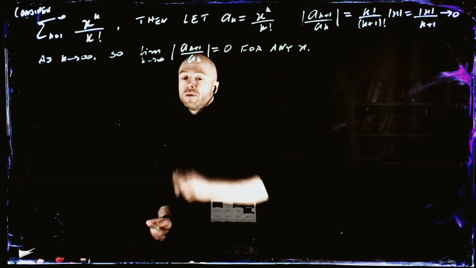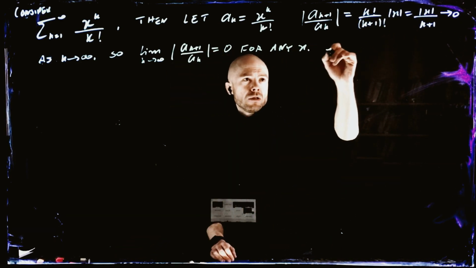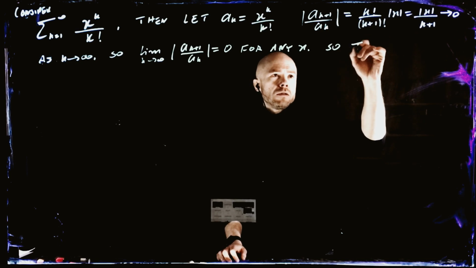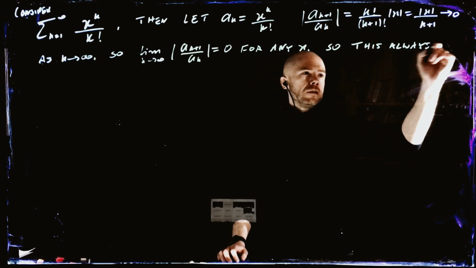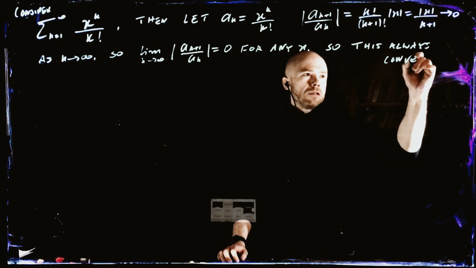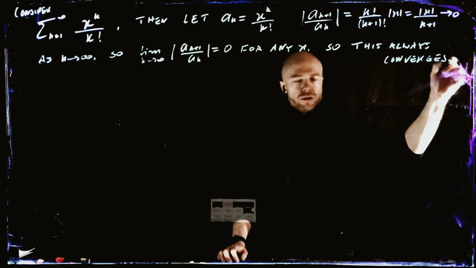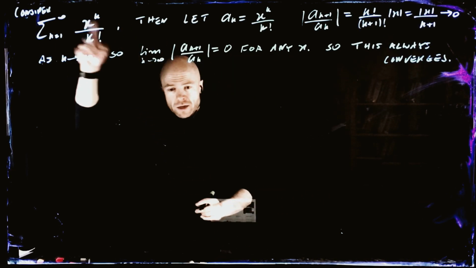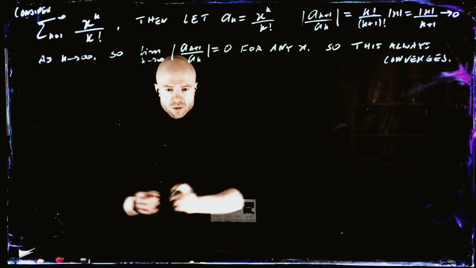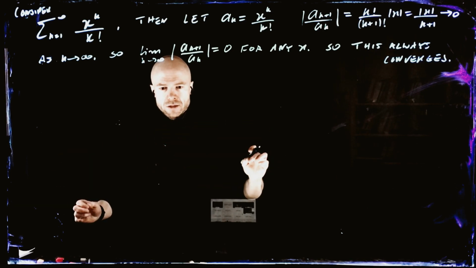So this series always converges. We don't care what the value of x is. It's always going to converge. So this thing makes sense for every single x. This is a well-defined function for every single x.